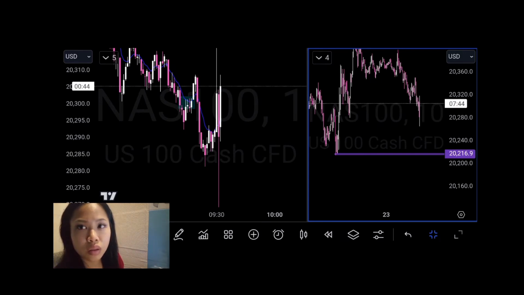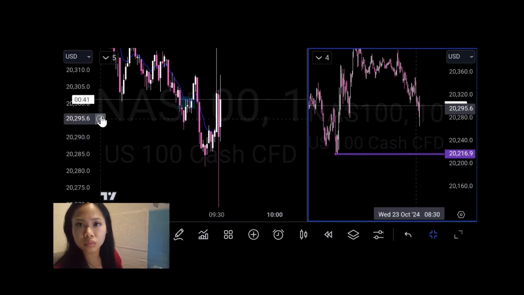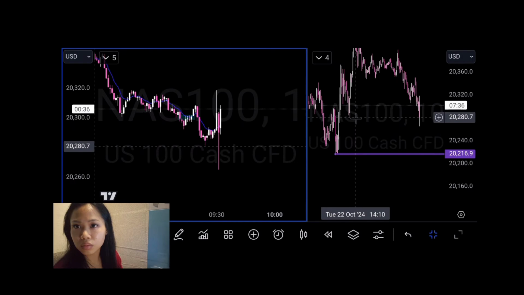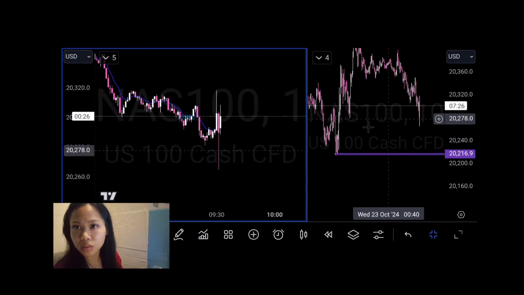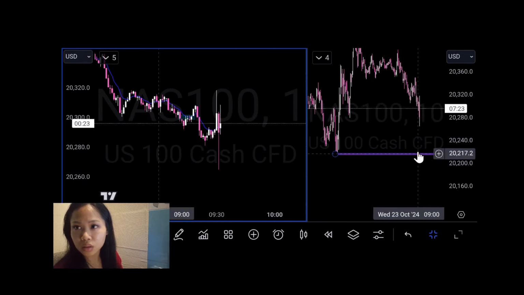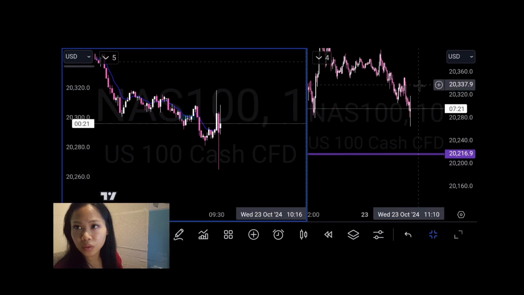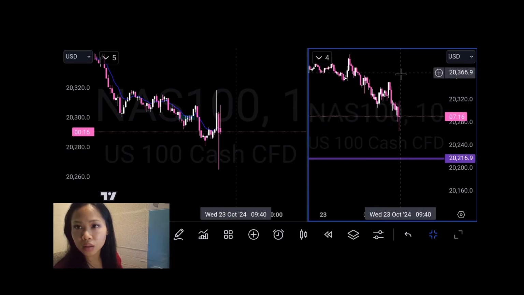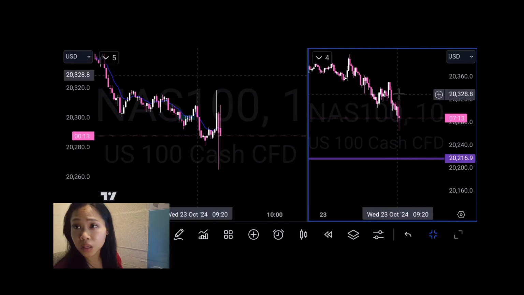I don't want to do anything right now. Price just took out that low. Okay, and now we are either going to be seeing a push to this purple line, or it's going to start a pattern to rally to the upside.